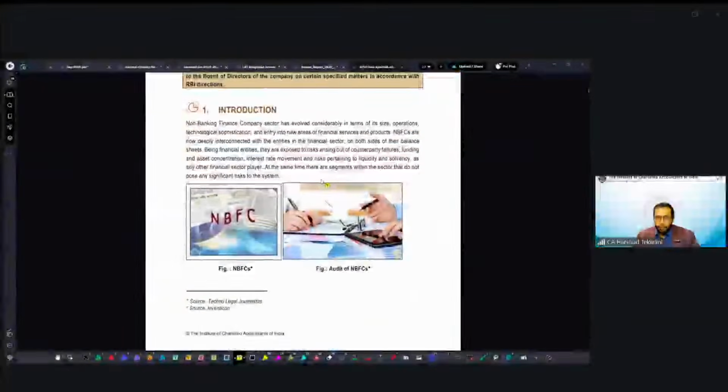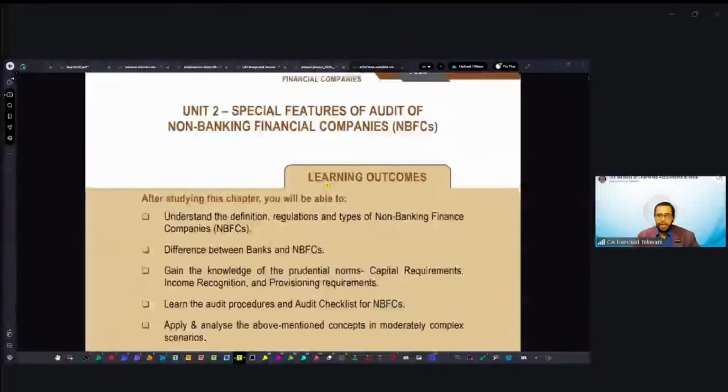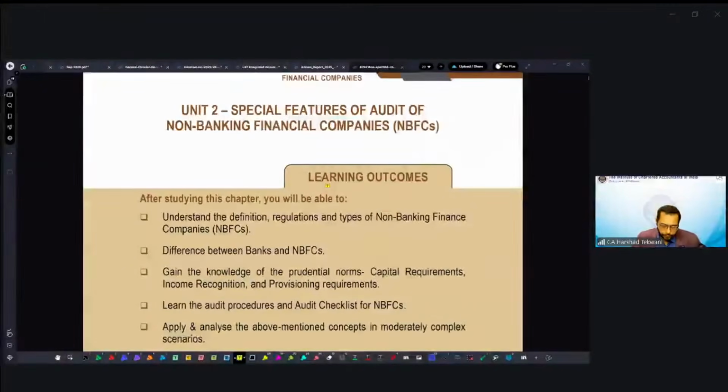Now, when I talk about NBFC and the audit of NBFC, see, NBFC is a very regulated entity. NBFC is one of the regulated entities, we call them the RE.